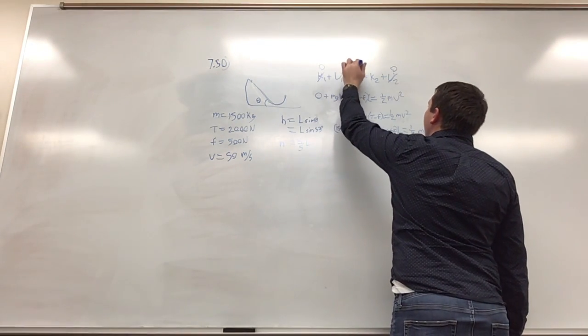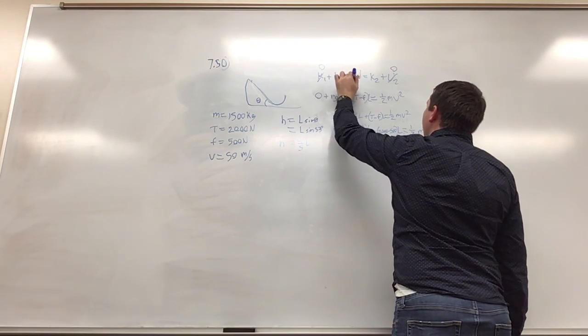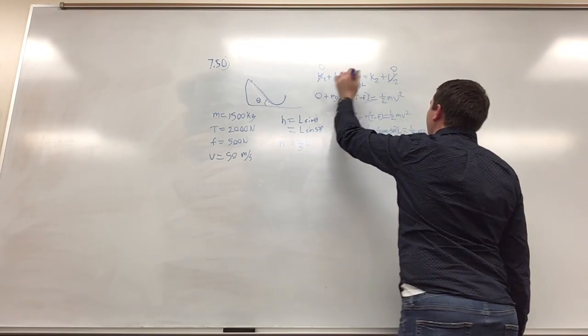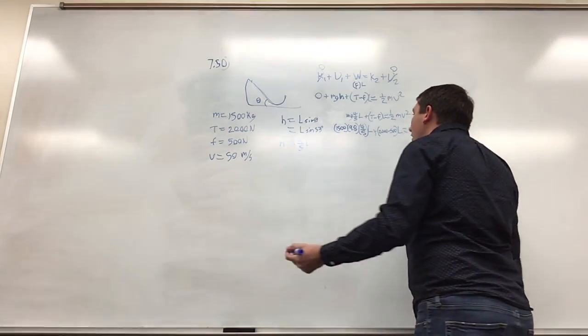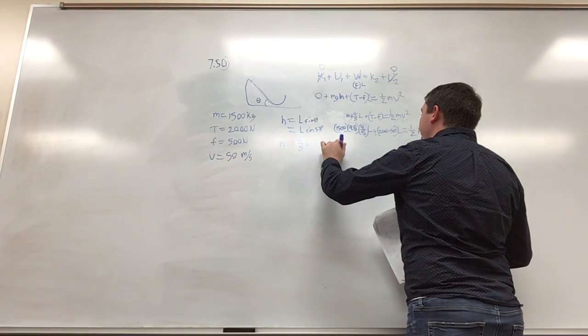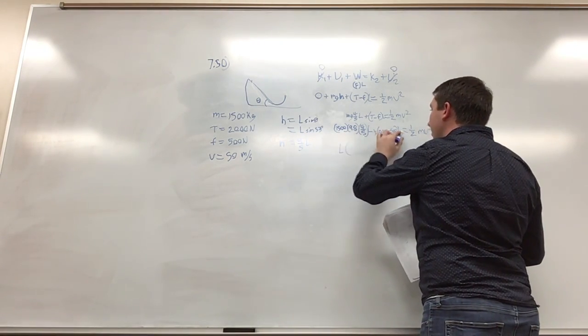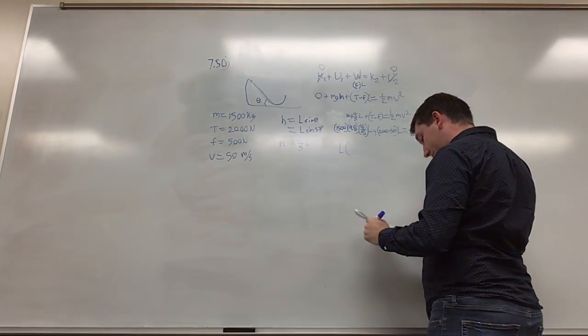So this is the work done. So this is the net force times the distance, L, along the ramp. So we can then put L as these two added together.